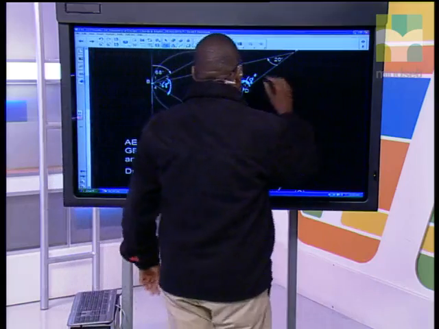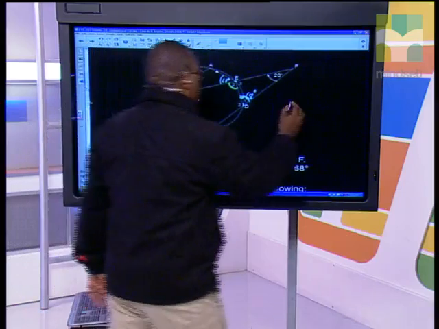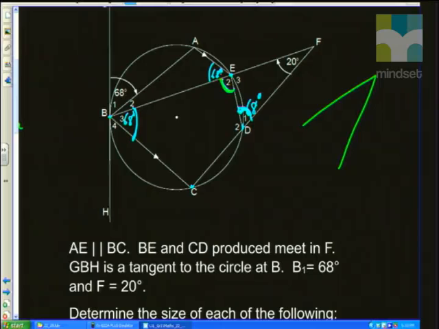If you look at this triangle here, this is EFD, it's not EFF. So you've got this is 68, and then 20, and this is a triangle, and you want to work out that angle, right?